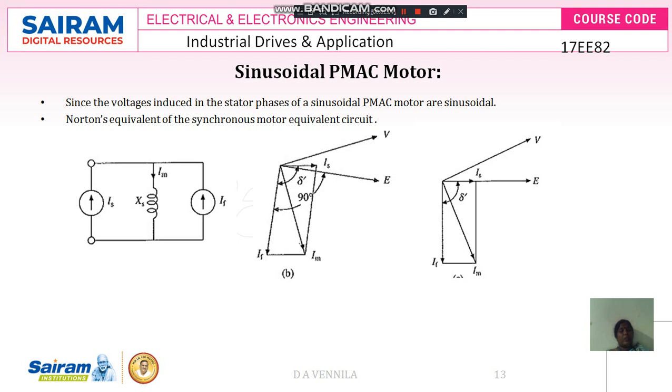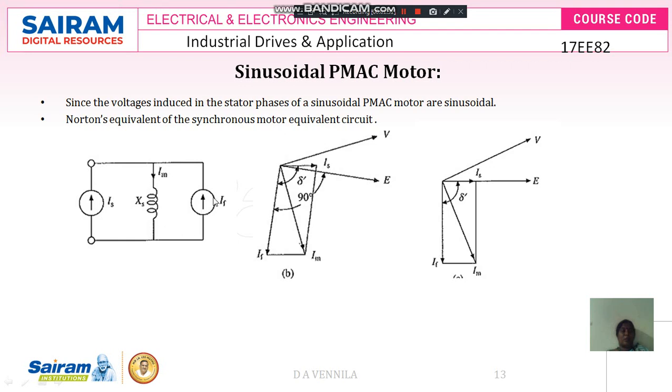So let us see how the motor behaves when a variable frequency current or voltage source is applied. That can be discussed by using Norton's equivalent circuit of the synchronous motor.